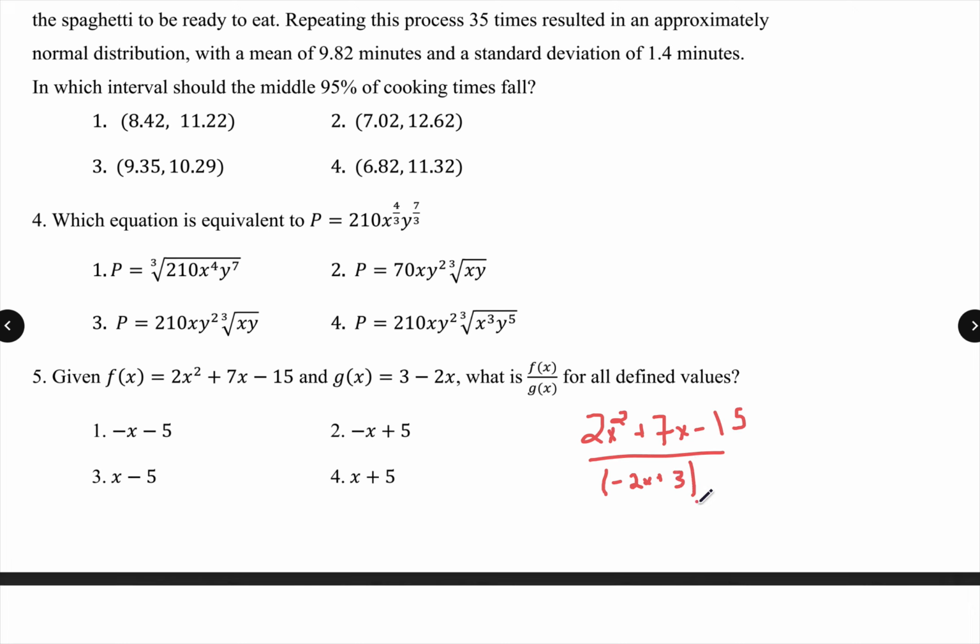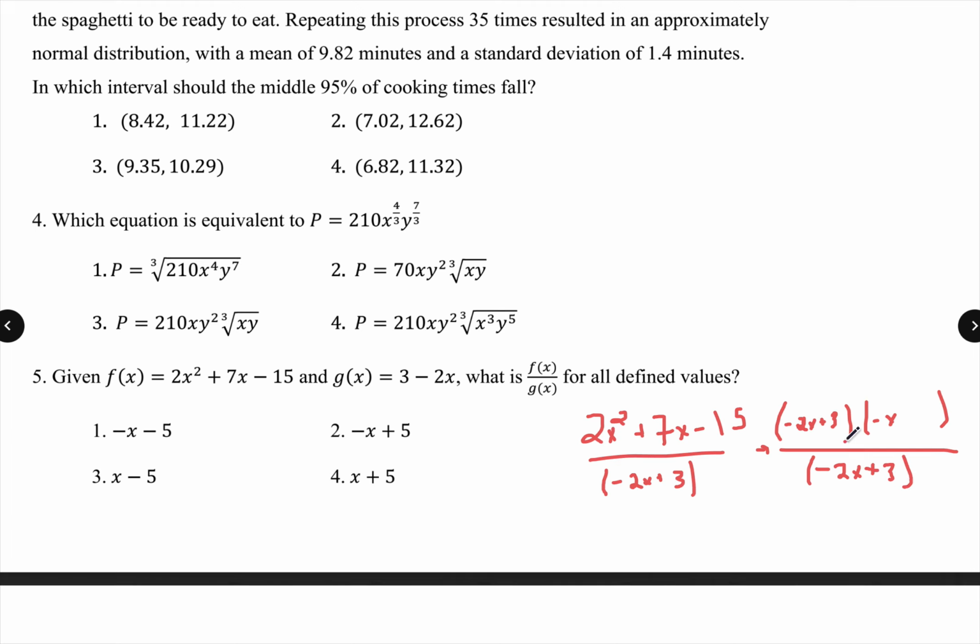I can do that. And then, right, I know up here one of my factors has to be negative 2x, whoops, and this has to be negative x. So let's see what works, right? Negative 2x. I almost know I want to make this a 3 just because I know they're trying to get me to simplify here. So if I bring this negative 2x plus 3 over here, right?